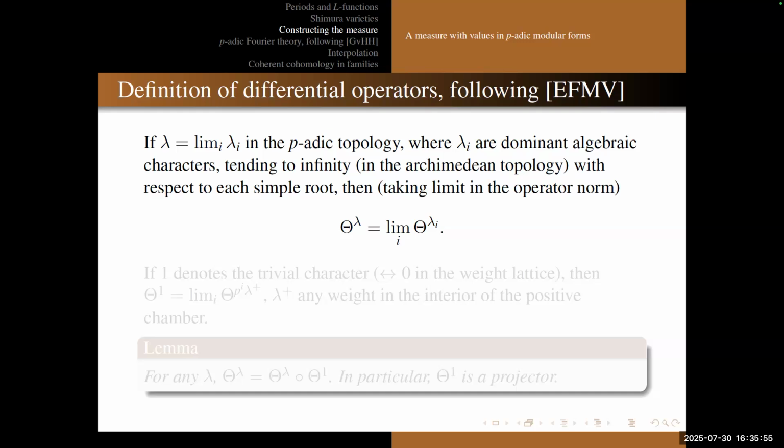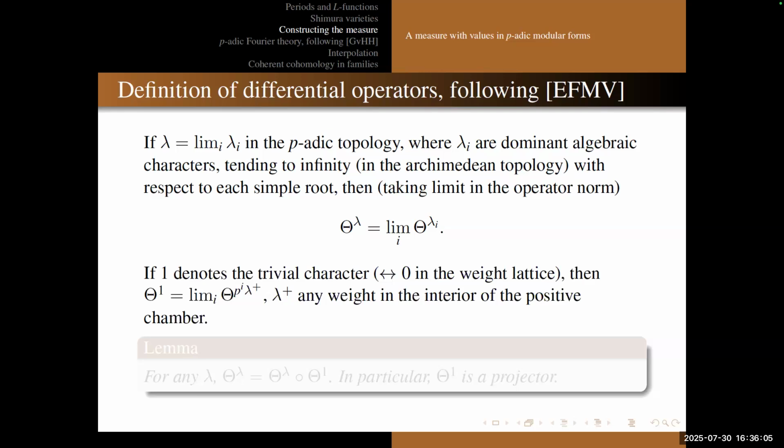The differential operator corresponding to the trivial character is a p-adic differential operator of infinite order. So there's the example. This is how you write it. You can do it in any way. Obviously, it's important that it doesn't depend on the choice of lambda i's.